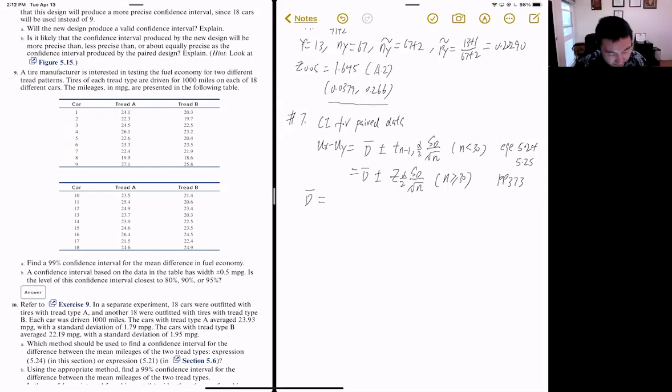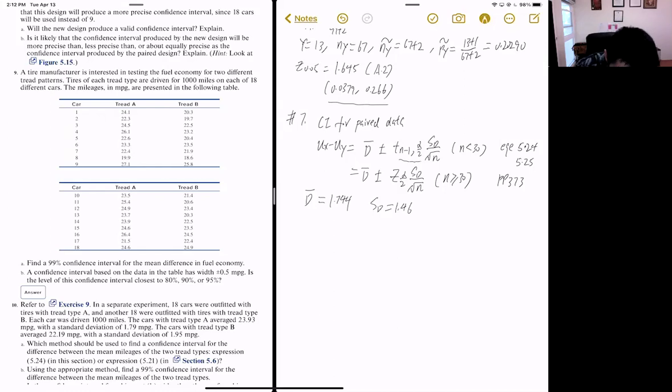Then we take the average of these 18 differences. The average of the difference for these 18 cars is 1.744. Similarly, we can calculate the standard deviation of the difference, which is 1.46.